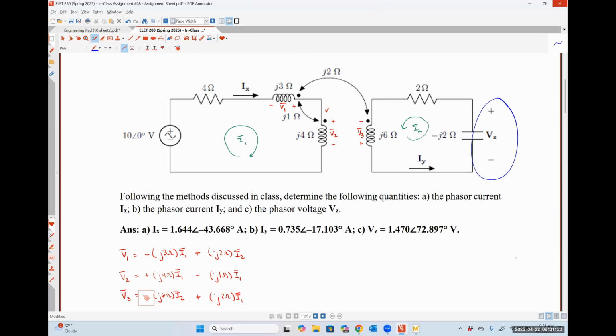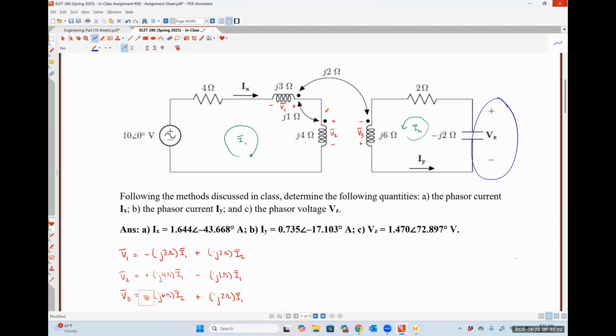Just double checking the other things here really quickly. So for V2, the positive polarity terminal of V2 is at the dotted terminal of the J4 ohm inductor, and the current I1 is flowing into the dotted terminal. So that's why that first term gets a plus sign. Then we have our mutual inductance, so that's an impedance of J1 ohms times the current I1.